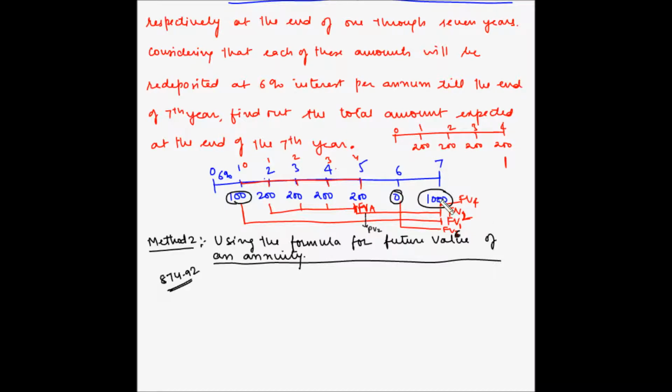And this at the end of 7th year, this cash flow, let's call this future value 7. So now the total future value is equal to FV1, which is this 100, plus FV2, which is this one here for the annuity amount, plus FV6 plus FV7.